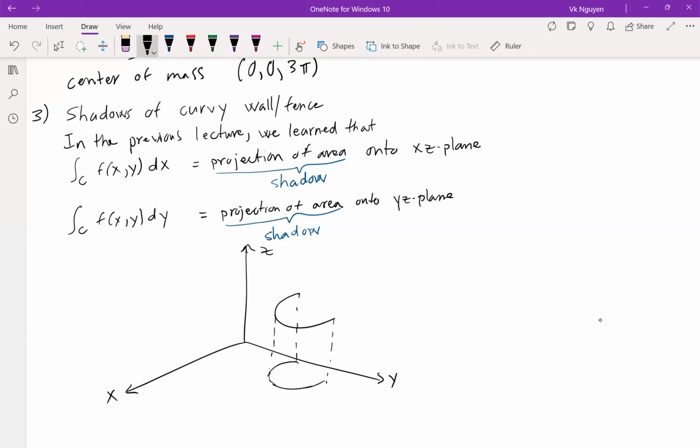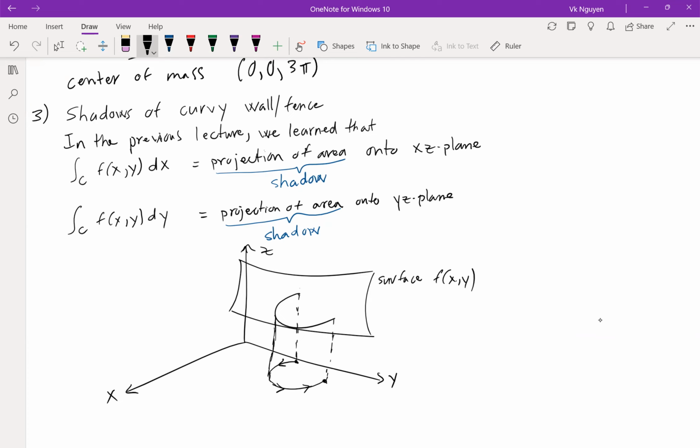Okay, here comes the surface. And then, of course, it does have a beginning and an end. Okay, you see this curvy wall. We want to do the integration with respect to x.